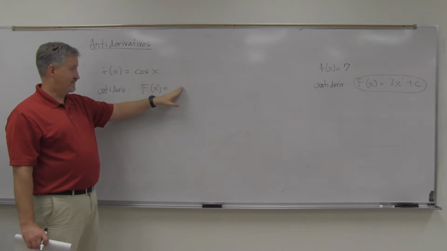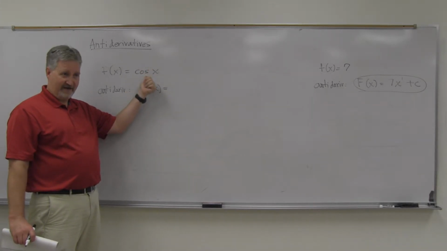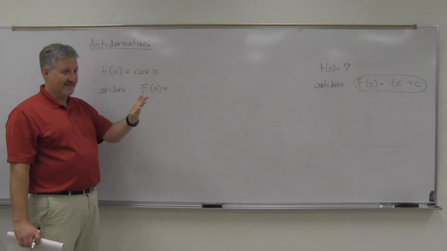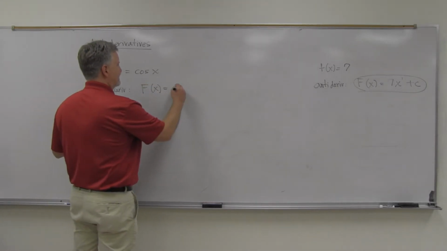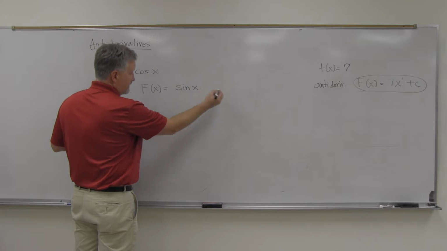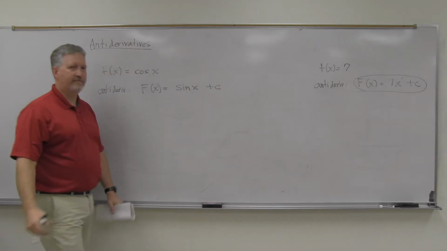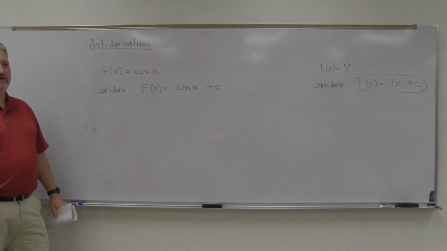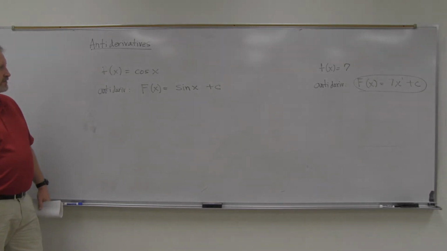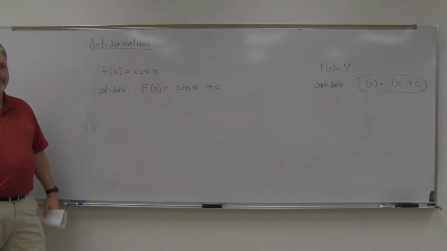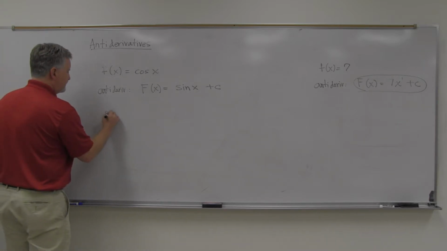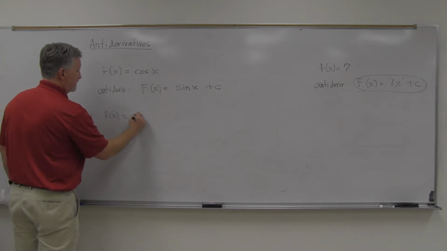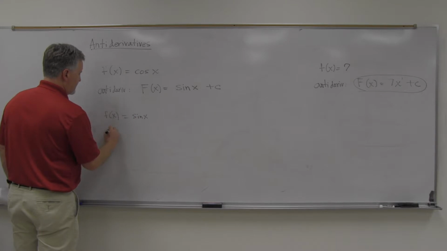Is there a function whose derivative is cosine of x? Sine of x, isn't it? Sine of x, and then plus c, because the derivative of c is 0, so that would give you the right derivative.